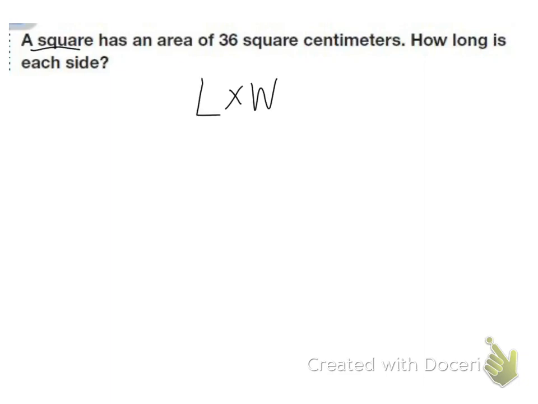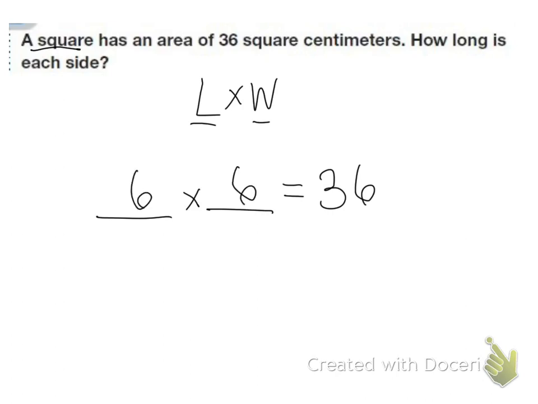And since it's a square, both these numbers have to be the same. So I'm looking for two numbers that multiply together equals 36. And it has to be the same number. So I know that 6 times 6 equals 36. So if I'm going to have my square, the length of each side is going to be 6 centimeters.